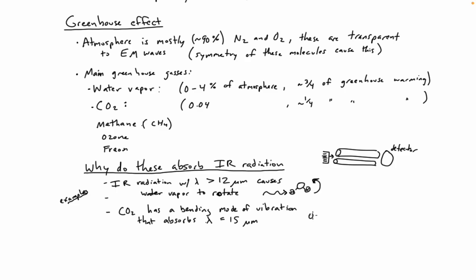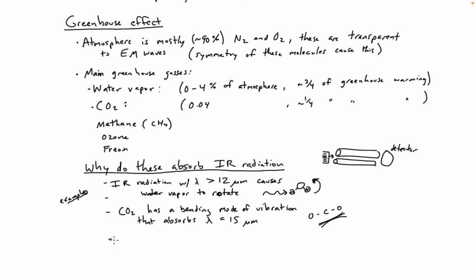So for the CO2, you have oxygen, carbon, oxygen. This can oscillate back and forth like that, and photons coming in with a wavelength of about 15 microns cause this to happen. That's just another way of converting electromagnetic radiation into thermal energy.